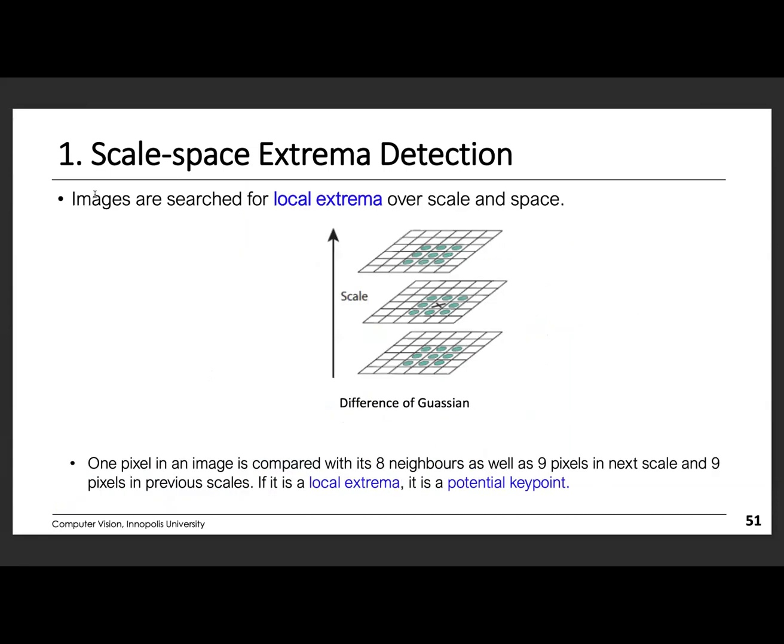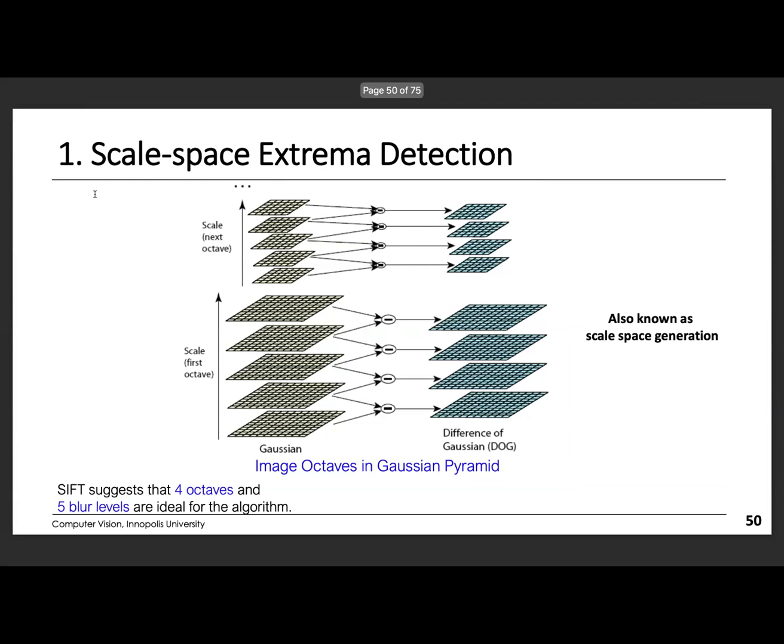What we get here is the scale space generation, which gives us 5 blur levels for each different octave. Here we have the first octave with the first size, the second octave, the third, and the fourth. The differences between the octaves are quite huge.